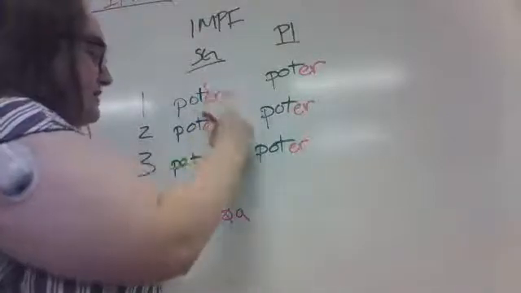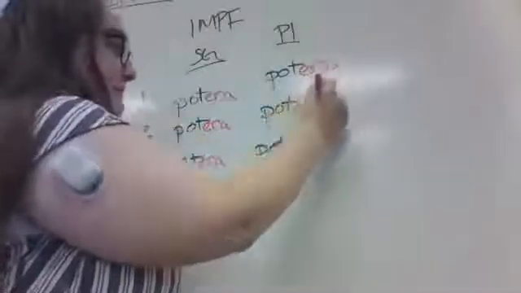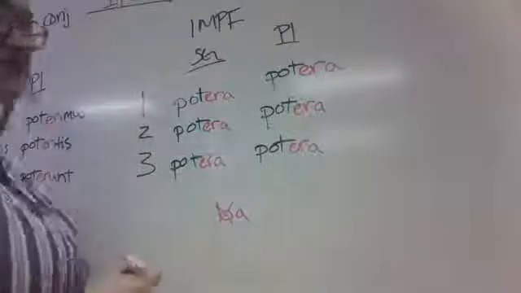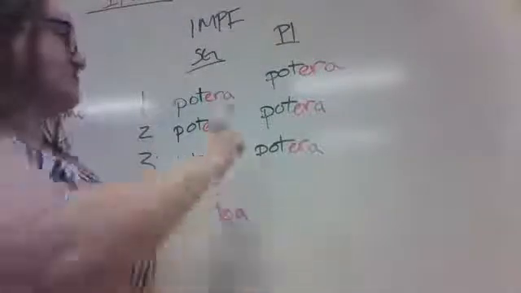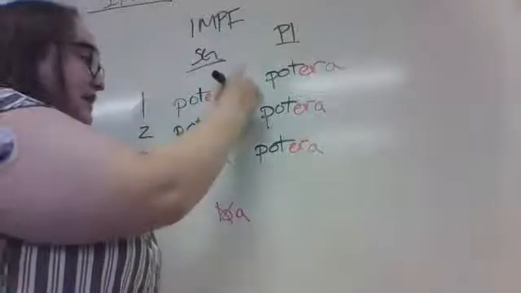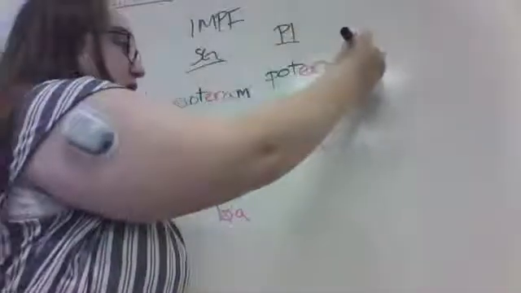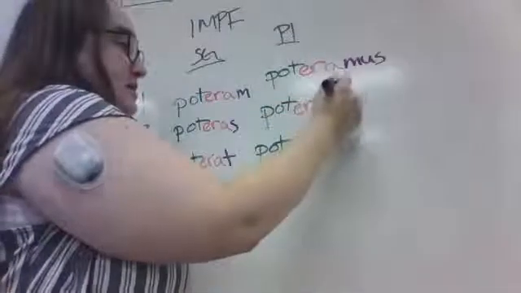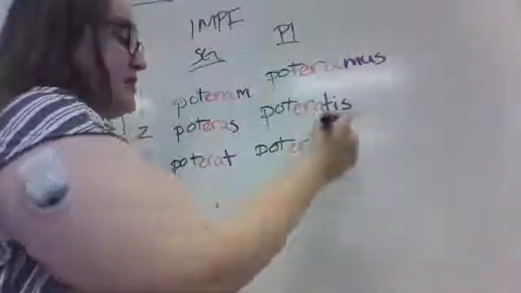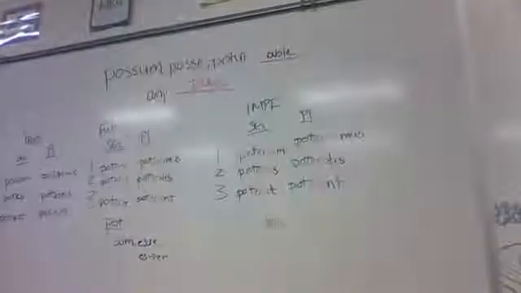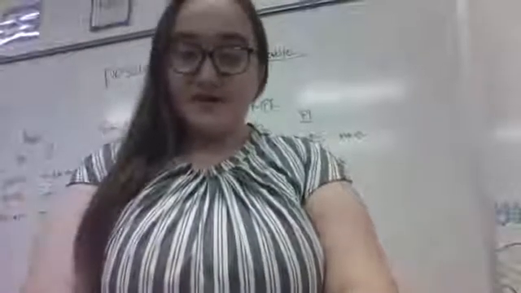So all we're left with is the A. And then we just need to put on our imperfect endings, which are, instead of O, is M, and then S, T, MUS, TIS, and T. And there we have imperfect for possum, posse, potui. And that's all there is to both of them.